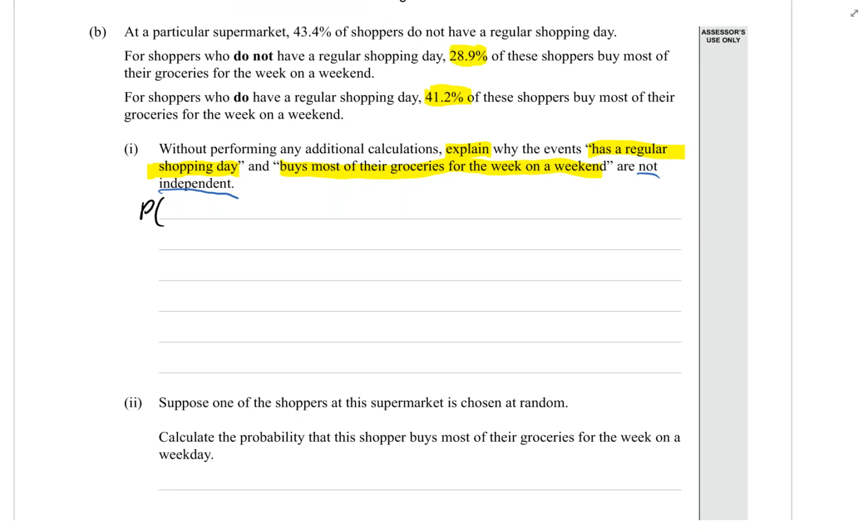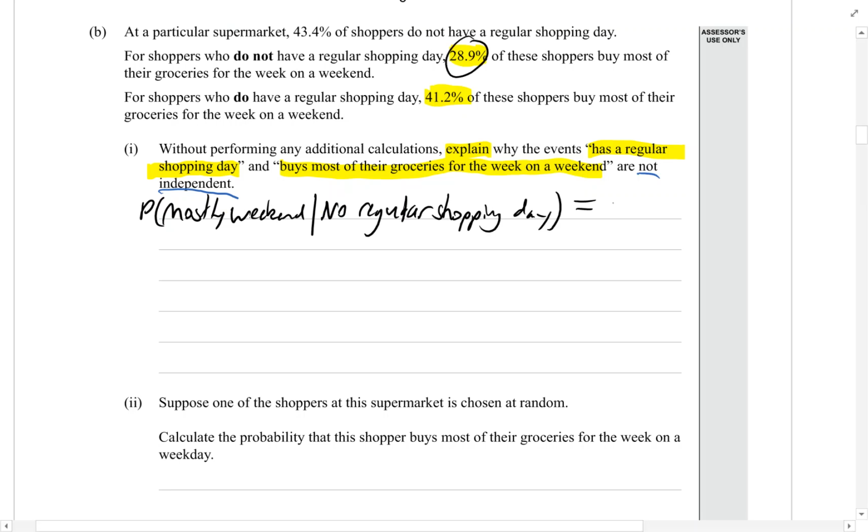The probability they buy most groceries on the weekend, so I'm just going to say most weekend, given that they don't have a regular shopping day, so given no regular shopping day, equals 0.289. Because that's for the shoppers who don't have a regular shopping day, meaning it's out of them. The denominator always goes on the right when you're writing it as a statement.